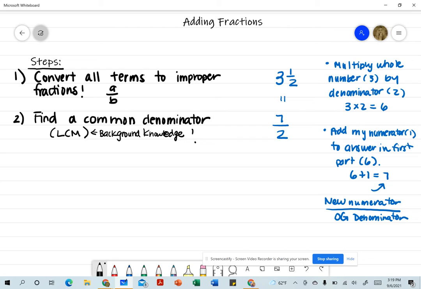So once we have them all as improper fractions, and once we have found a common denominator, what we do is we rewrite the expression over one common denominator.